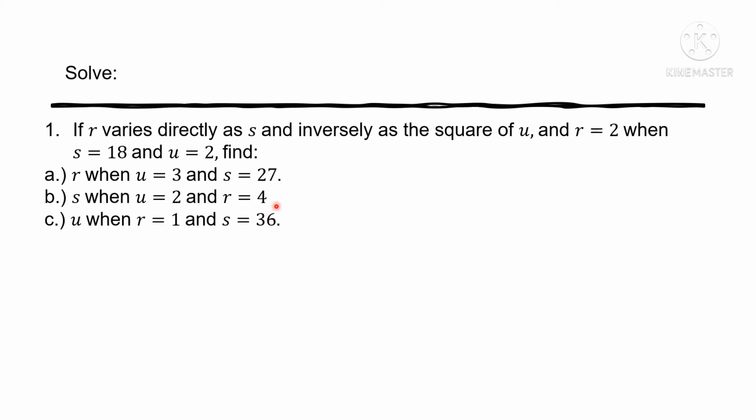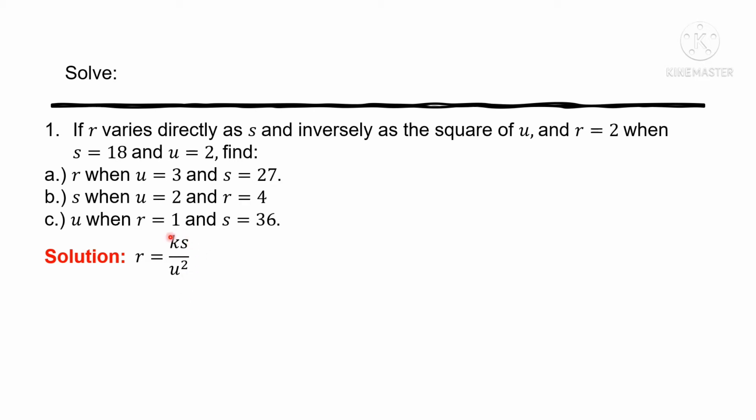To solve this problem, first we have to translate this statement, R varies directly as S and inversely as the square of U. So if you translate that into mathematical equation, we will come up with R equals kS over U squared.